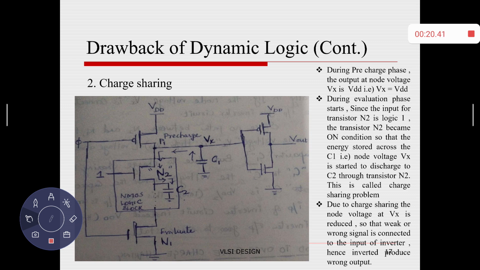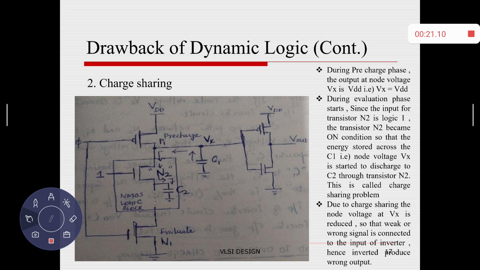When the evaluation phase starts, the NMOS logic array consists of only one transistor, N2, whose input is a logic 1 signal. So N2 becomes on during the evaluation phase. Before the evaluation phase starts, the node voltage is 5 volt, and the voltage across capacitor C1 is 5 volt.